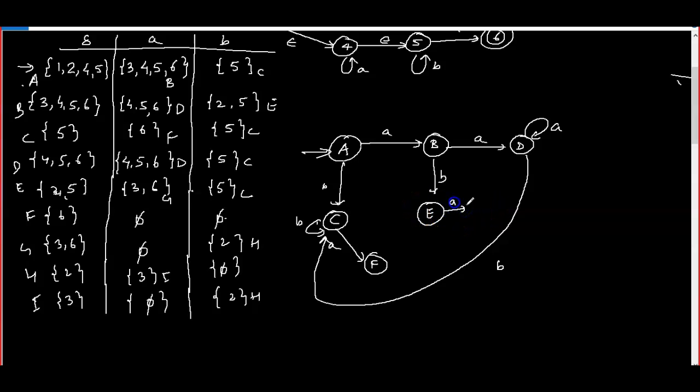E to a is G. And E to b is C. E to b is somewhere here, I will write it here. This will be easy to draw. E to a is G and E to b is C.